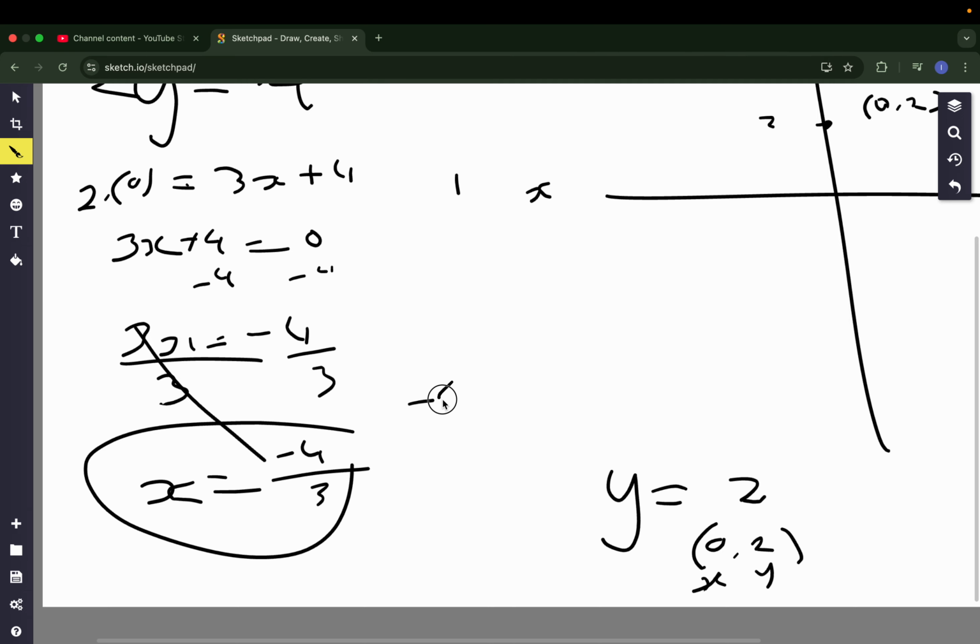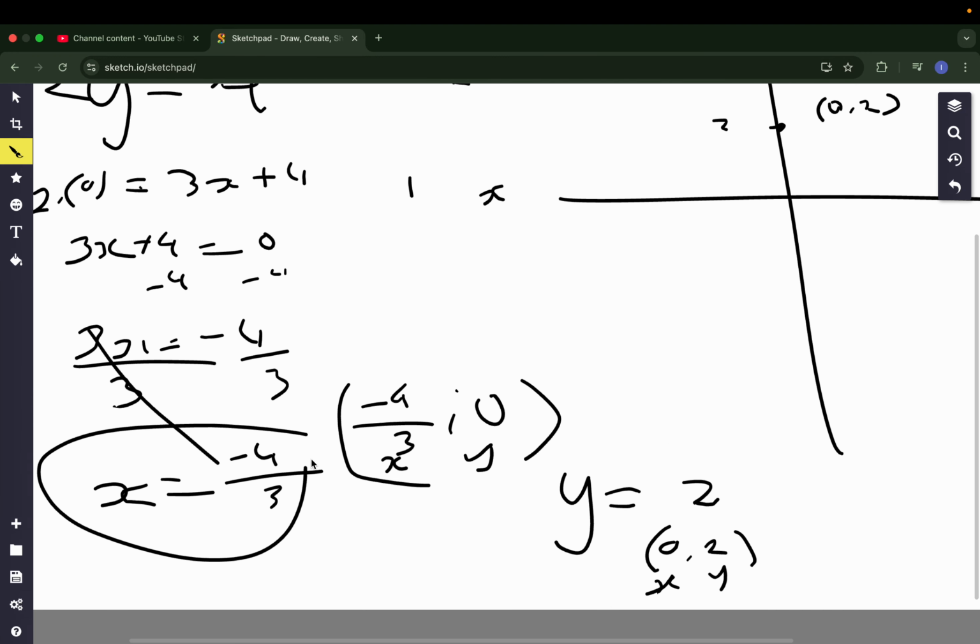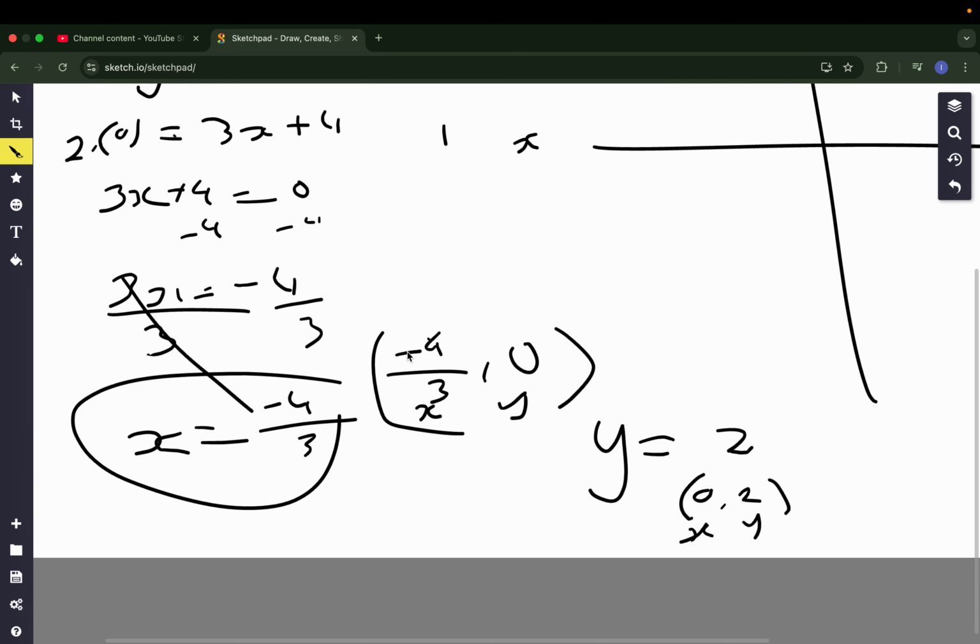So same concept, negative 4 over 3, 0, because x is the one in front, because it's the x-intercept. If you can't understand this, it's kind of just like a decimal but in fraction form. So that would be around negative 1.33.